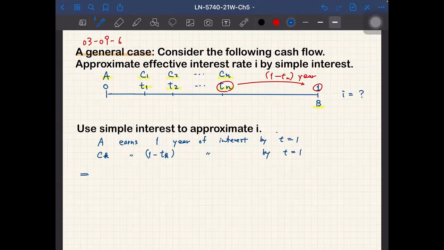So we compare the accumulated value of both sides of this time diagram.